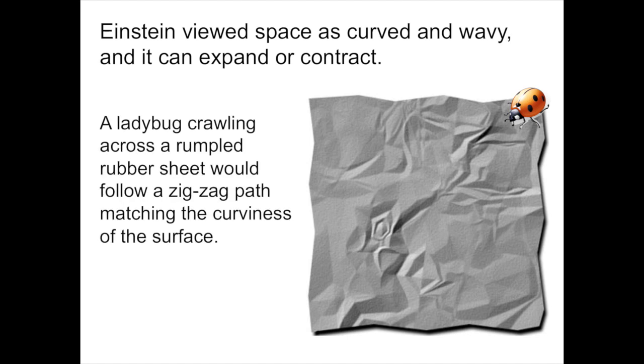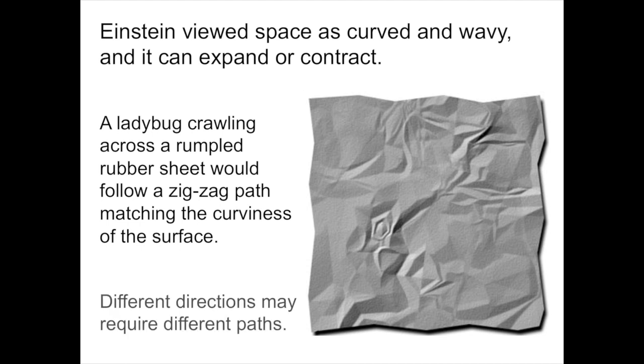A ladybug crawling across a rumpled rubber sheet, trying to walk in a straight line, would follow a zigzag path that matches the curviness of the surface. Furthermore, which direction the ladybug walked in may affect what its path is going to be. If I look at a ladybug moving through this space, the shape of the space impresses itself upon the motion the ladybug takes.